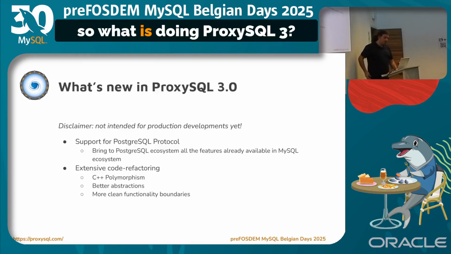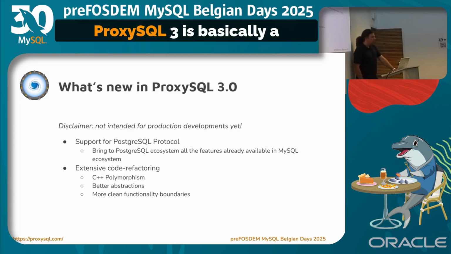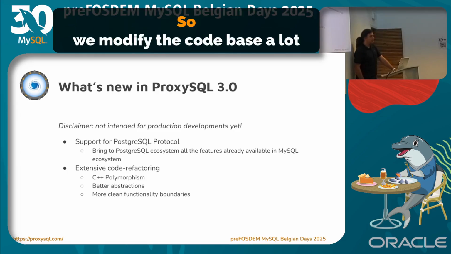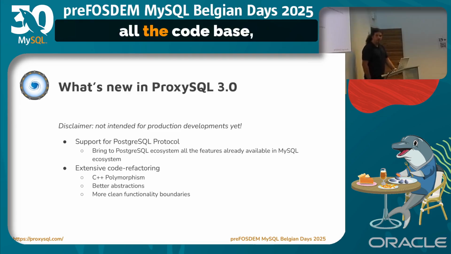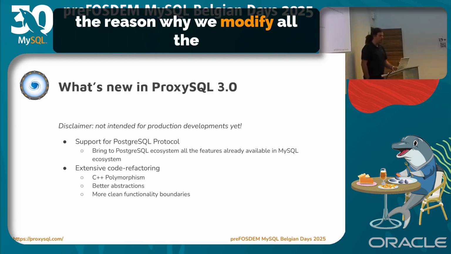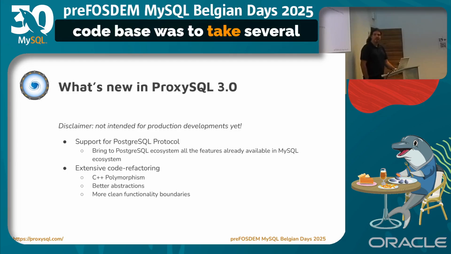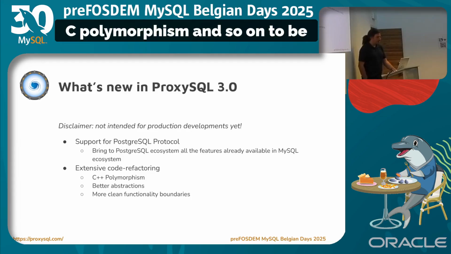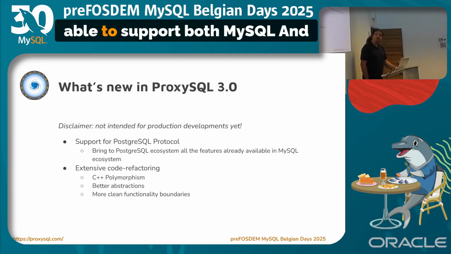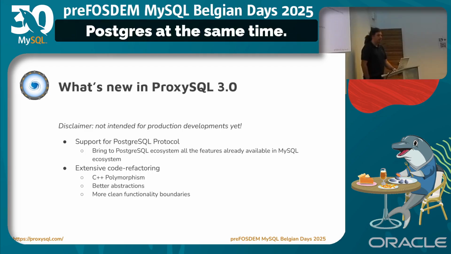Okay, so what is new in ProxySQL 3? ProxySQL 3 is basically a complete rewrite of ProxySQL. We modified the code base a lot, and the reason why we modified all the code base was to create several layers of abstraction using C++ polymorphism, and so on, to be able to support both MySQL and Postgres at the same time.